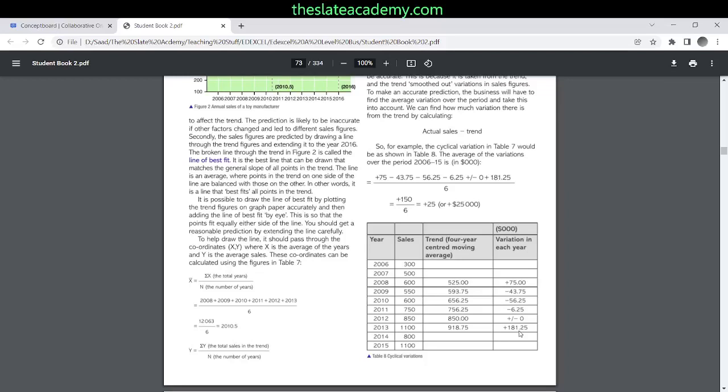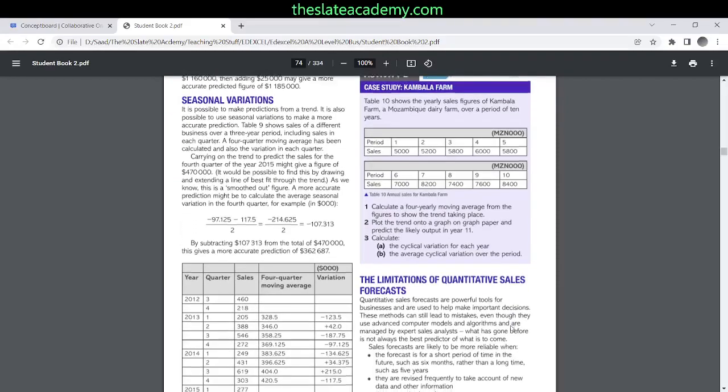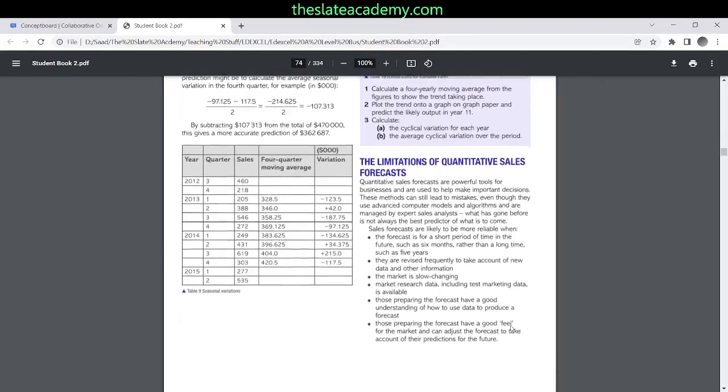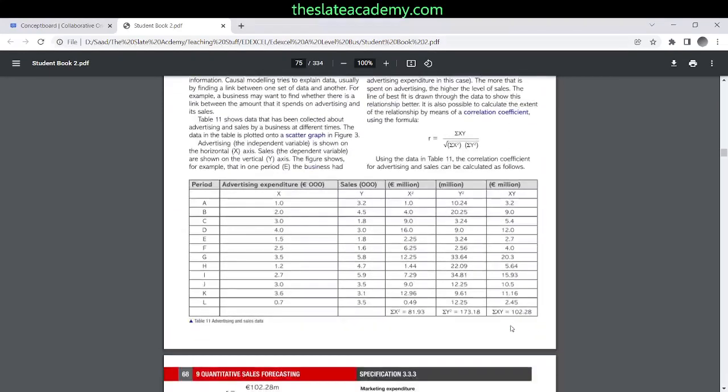Here you calculated 6 variations. You add them all up, you divide by 6, you get 25. So on average, each year sales varies 25 from the trend. It's 27. All right, 26.6 actually.